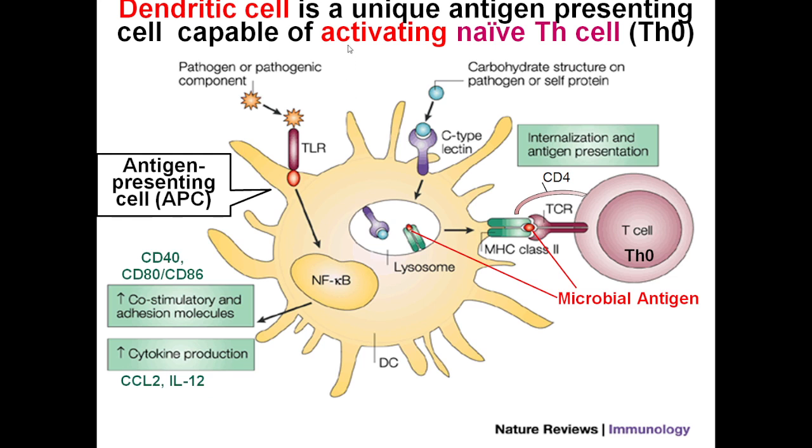Capacity of the antigen presentation of these cells is higher than capacity of all other antigen-presenting cells. Dendritic cell primarily recognizes foreign molecules as the pathogen-associated molecular patterns that are recognized by toll-like receptors of the antigen-presenting cell, including dendritic cell.